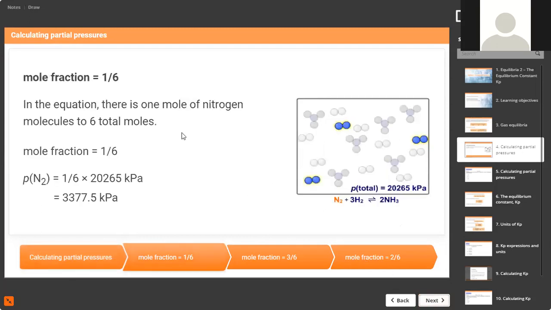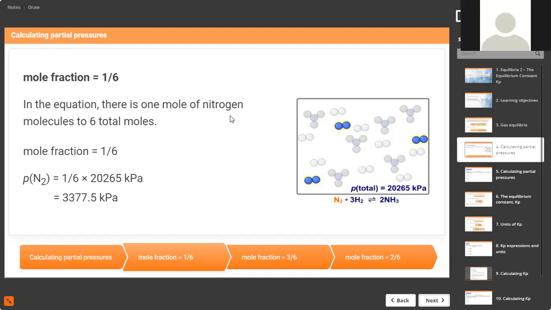The equation that we need to use for partial pressure involves mole fraction, so we need to work out our mole fraction.